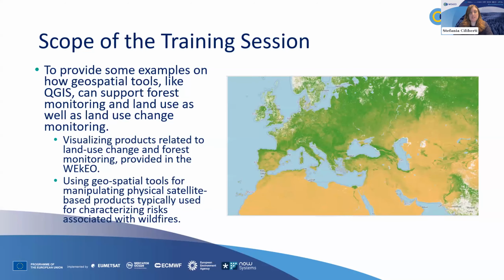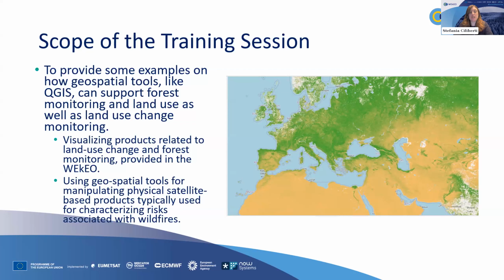So the scope of this training session is to provide some examples on how we can use geospatial tools like a geographical information system for manipulating, analyzing, and computing some relevant metrics starting from the Copernicus products.